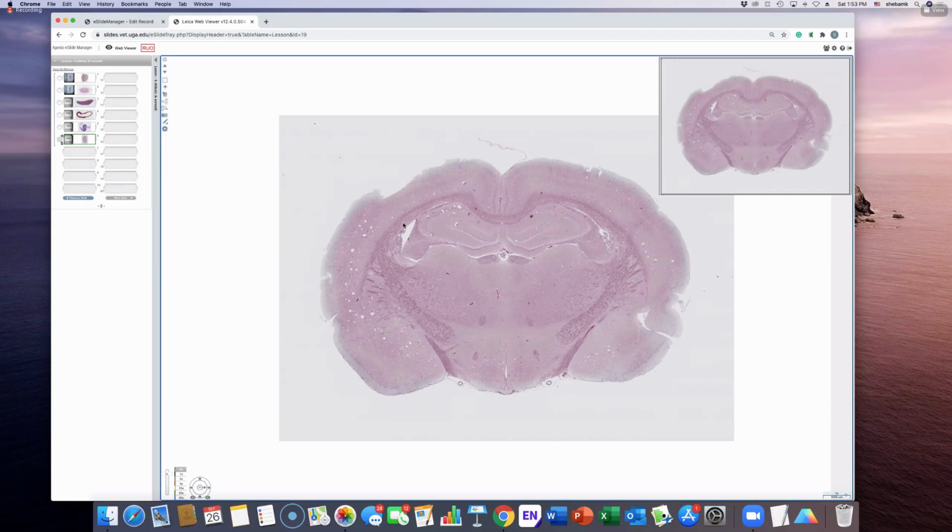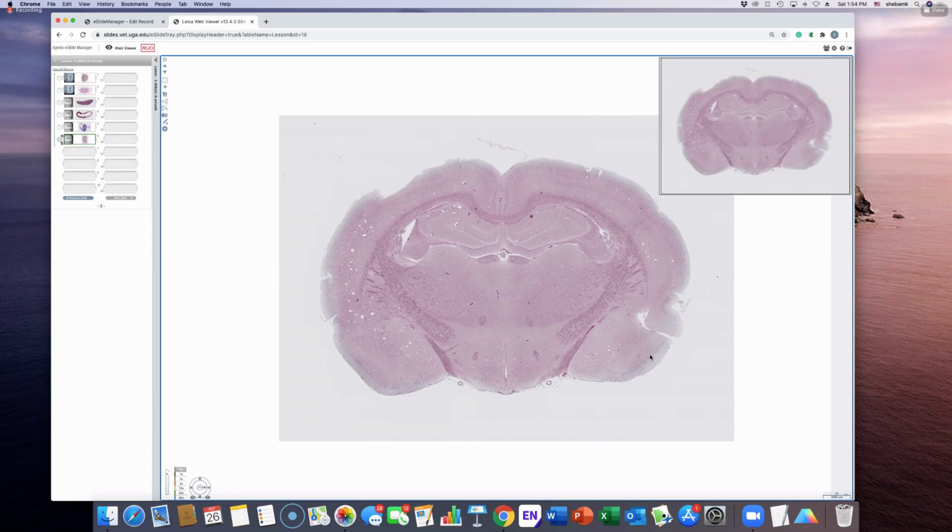This is called the corpus callosum. This is the hippocampus. This is the ventricular space, the lateral ventricle. This is the third ventricle down here. And this is the ventral part of the brain.